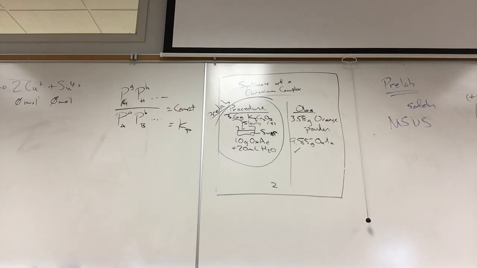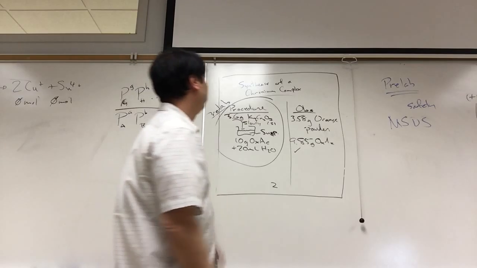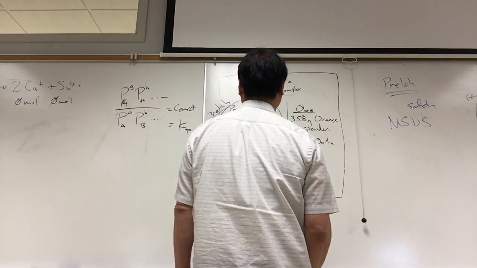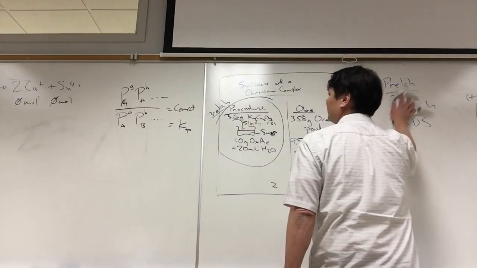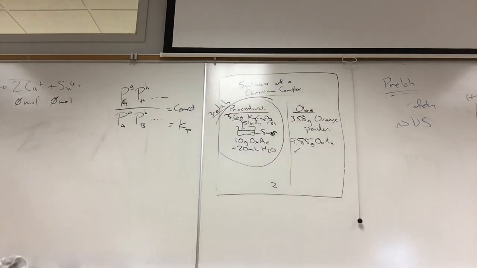We know that pressure and concentration for gases are directly related. How are they related? Well, let me write that here. From the ideal gas law, the pressure is equal to nRT over V. n over V is moles over liters. What's moles over liter? The concentration.